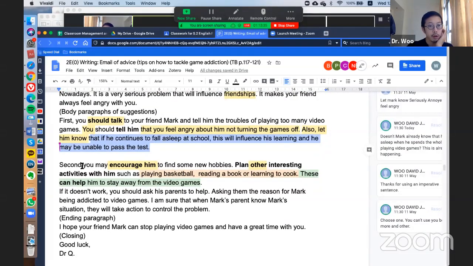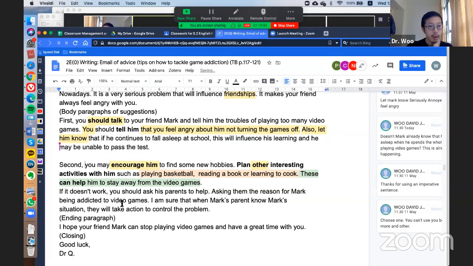Second, you may encourage him to find some new hobbies. Plan other interesting activities with him, such as playing basketball, reading a book, or learning to cook. These can help him to stay away from video games. Good.